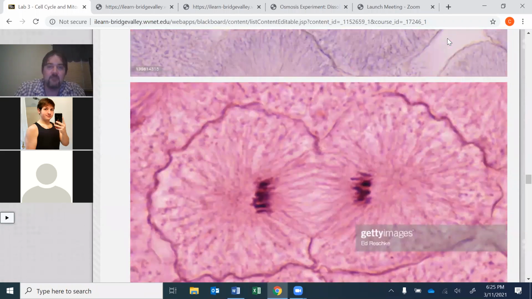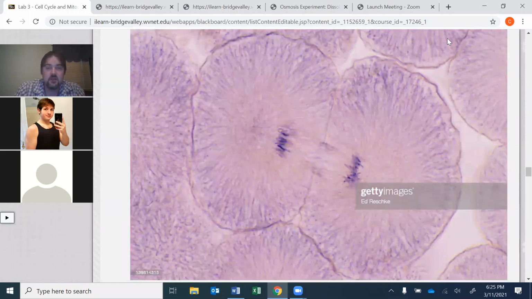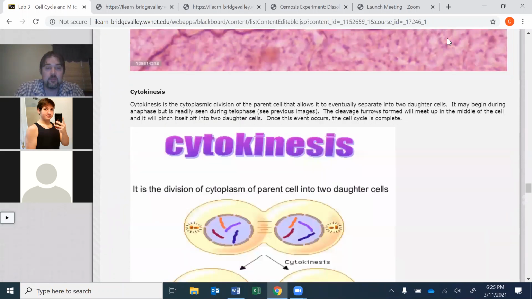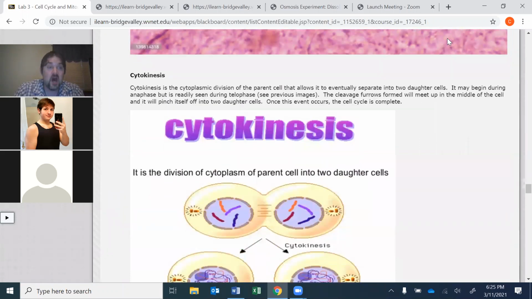Now these are microscope pictures using a standard light microscope, and the advancements in technology that we have nowadays has really opened up the ability to essentially watch mitosis occur in real time.